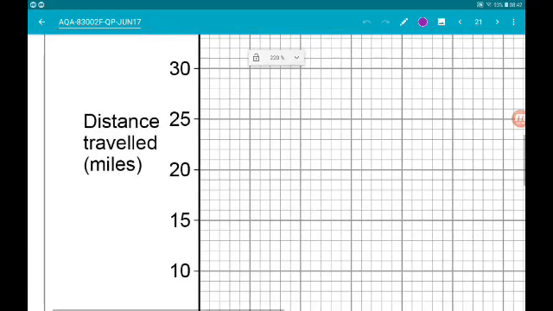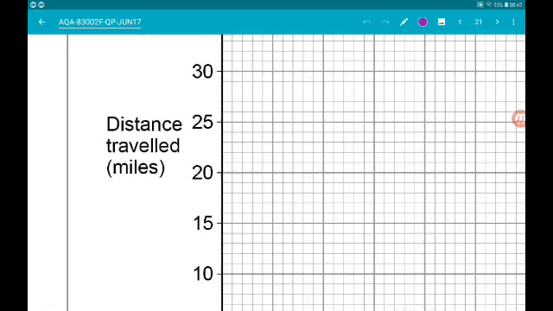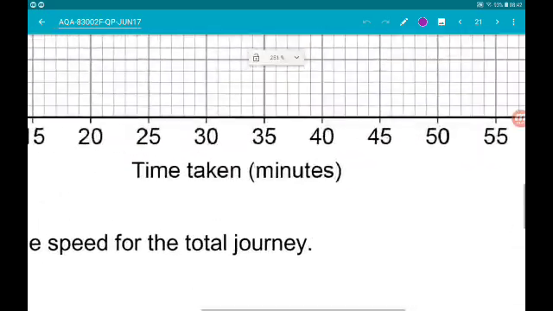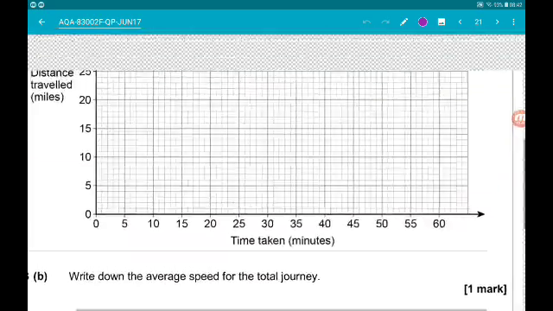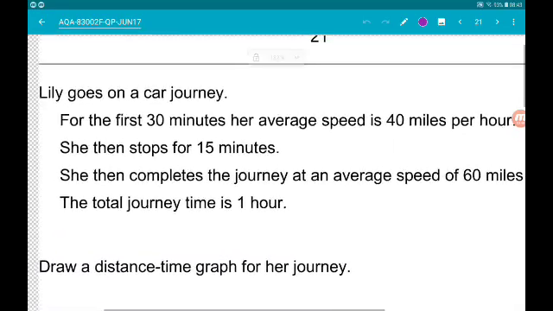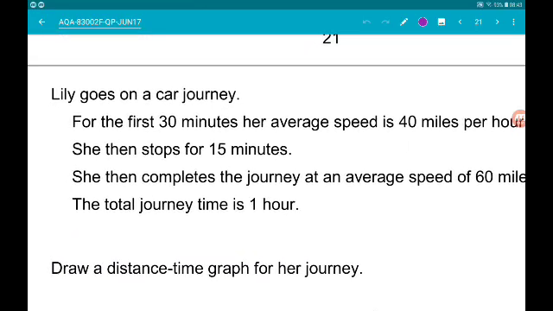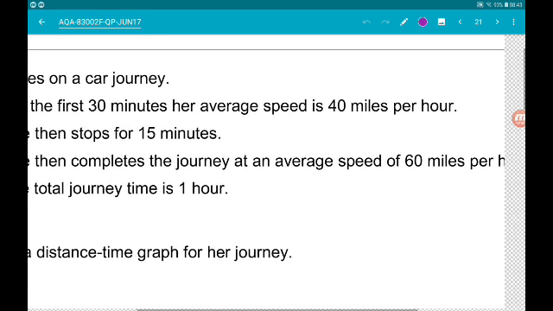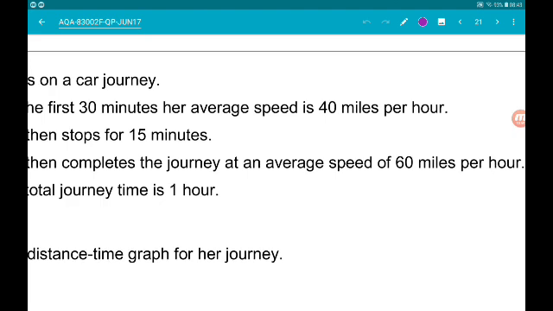Okay, so we've got distance travelled in miles on the side, time in minutes along the bottom. So, in the first part, we know for the first 30 minutes, her average speed is 40 miles per hour. Now, 30 minutes is half an hour, so travelling for half an hour at 40 miles per hour is going to get us 20 miles.